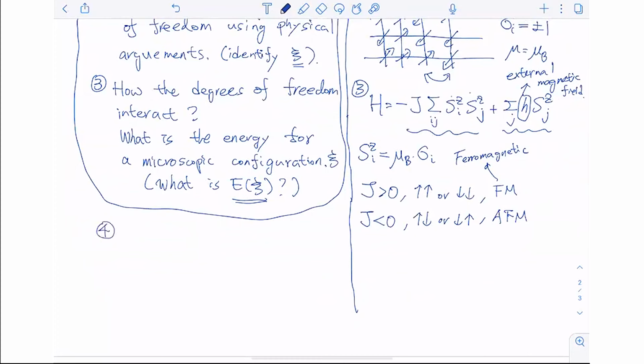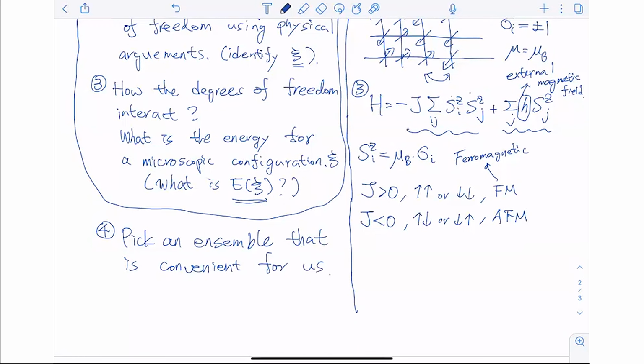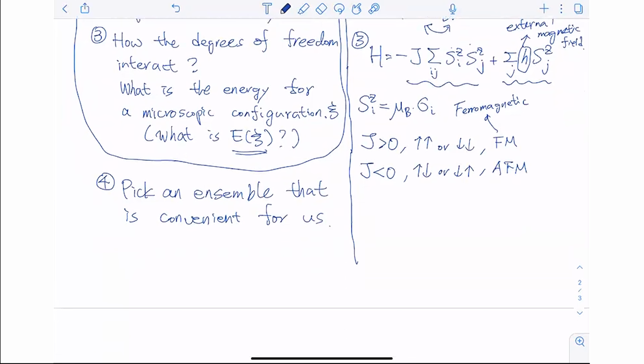So the next step from statistical mechanics is that we want to pick an ensemble that is convenient for us. As I mentioned, most of the time, we study a system with fixed temperature.